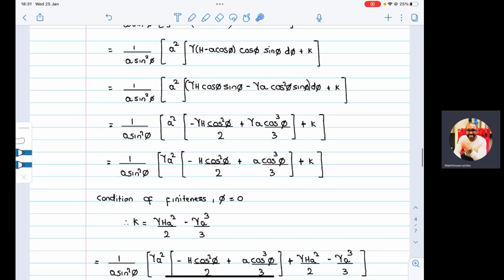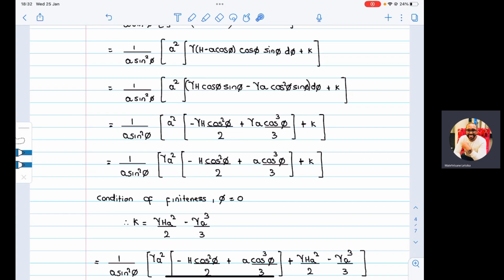Okay, so now if you take the integral of each term, because you can take the integral separately since there's a minus in between. If you take the integral of this separately with respect to phi, your gamma h here is almost like a constant. You can just take it out. So this is what you get if you take the integral of cos phi multiplied by sine phi.